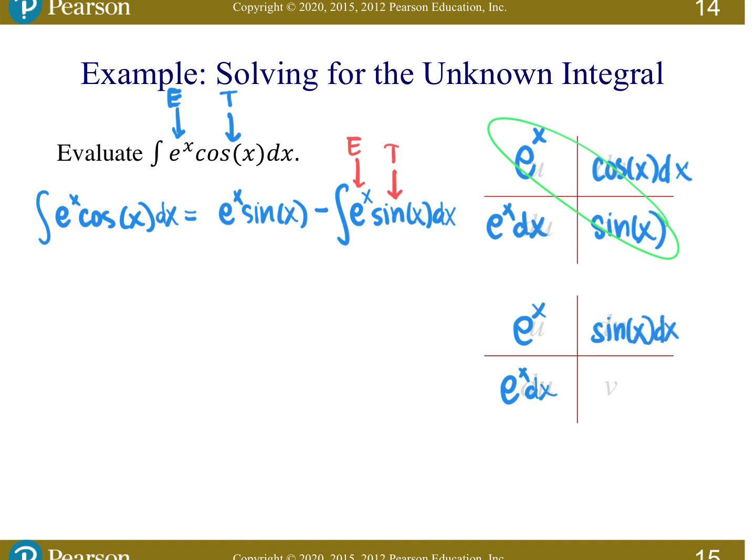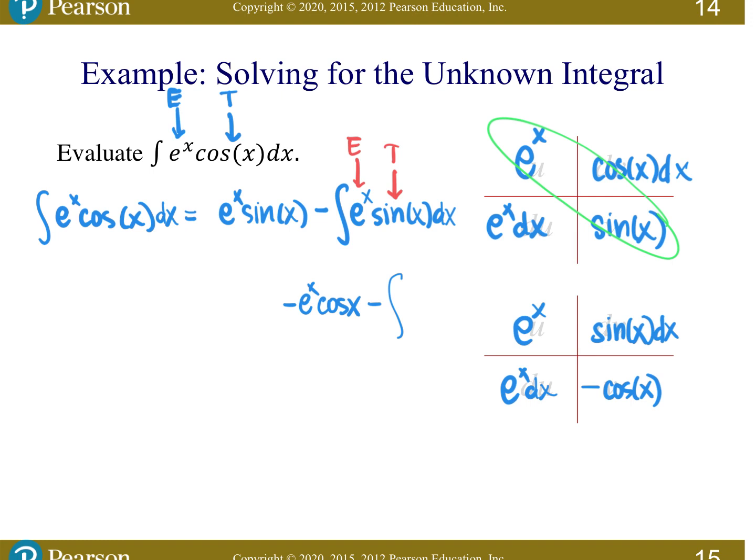And what's the antiderivative of sine x? Negative cosine of x. Okay, so this combination is going to produce for me negative e to the x cos x minus the integral. And then what happens in the next part? What's the sign going to be?